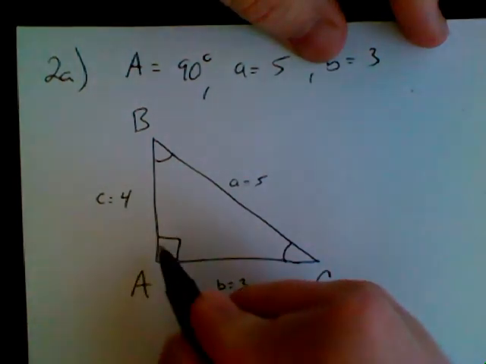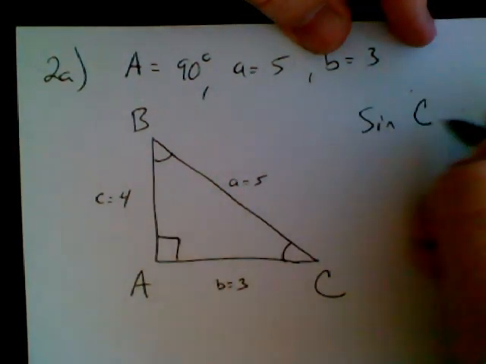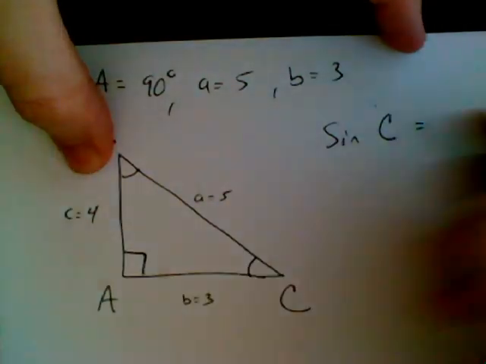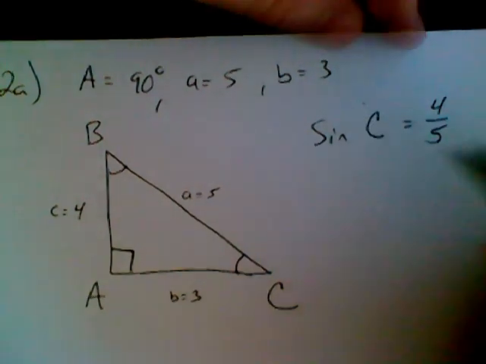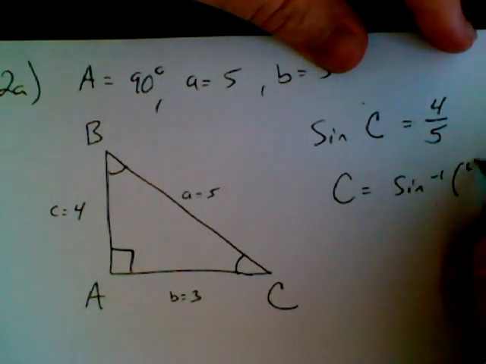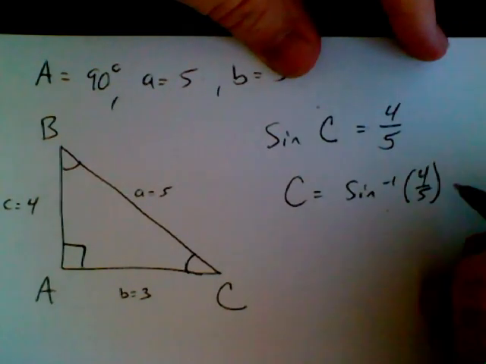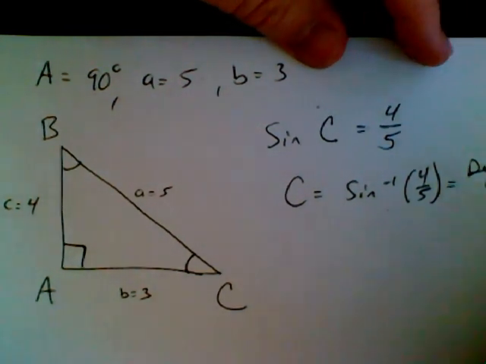But because this is a right triangle, I could use sine of C is equal to 4 divided by 5. And by utilizing my calculator appropriately, I can say C is equal to the sine inverse of 4/5. Make sure we find that in degrees.